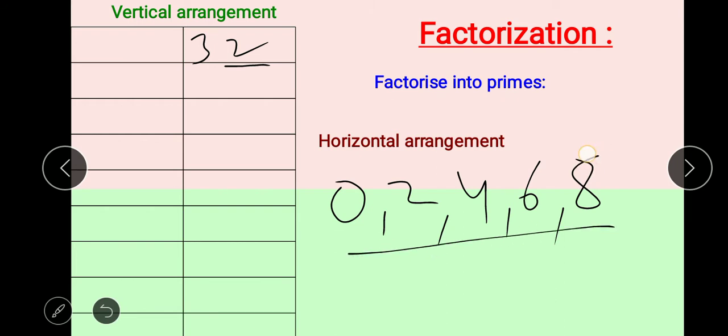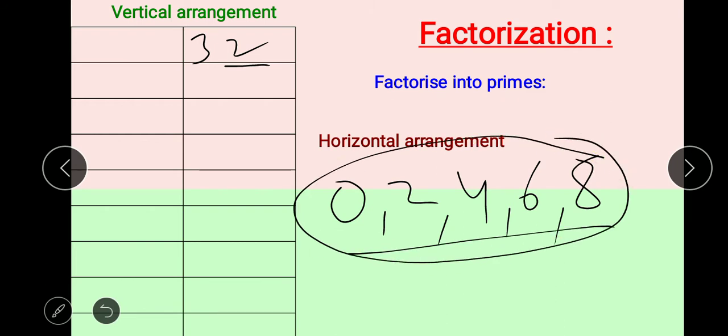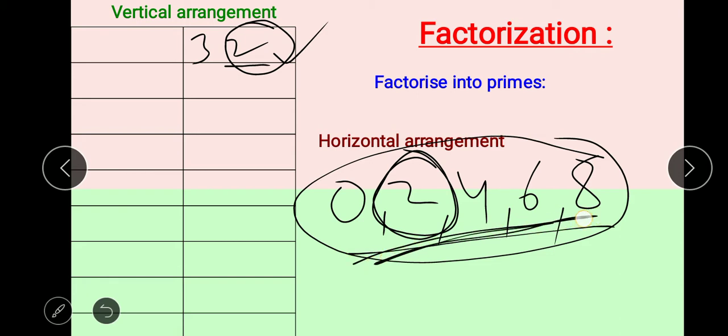If any one of these 5 numbers is there in the last digit, we can say the number is divisible by 2. Here the last digit is 2, that means the number is divisible by 2.